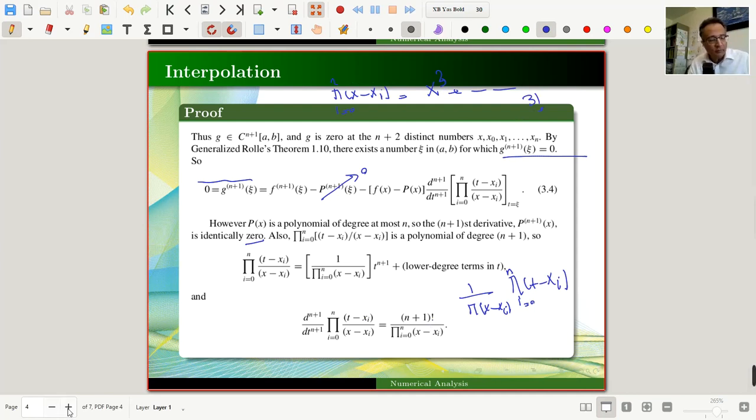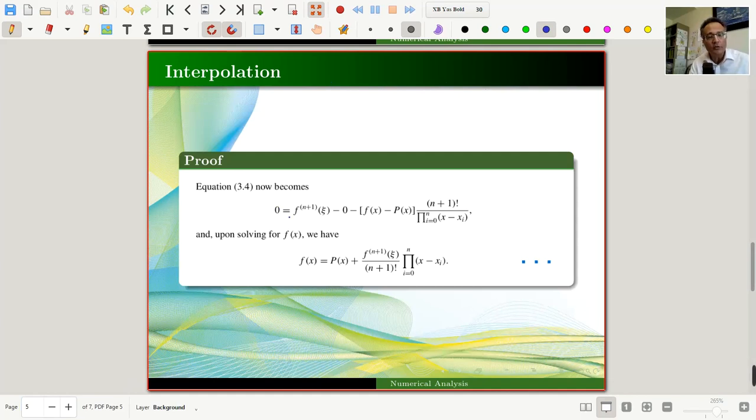Now you consider this derivative in this formula. So finally, you will get 0 equal to f^(n+1)(xi) minus p^(n+1)(x), and something like this.